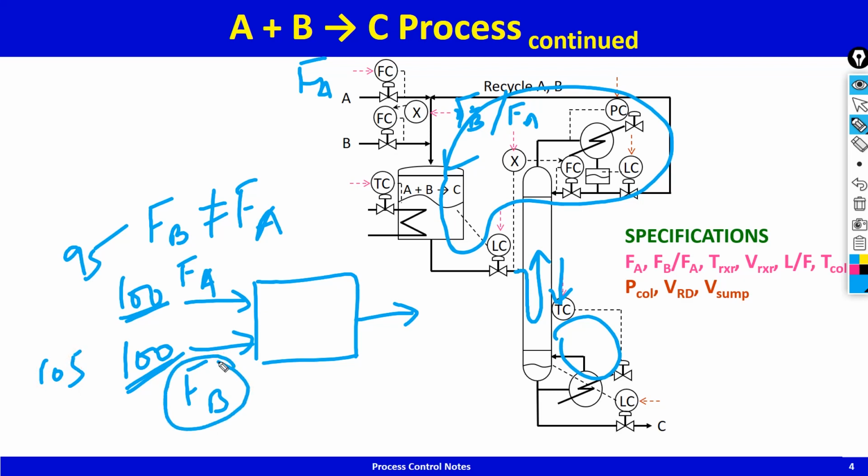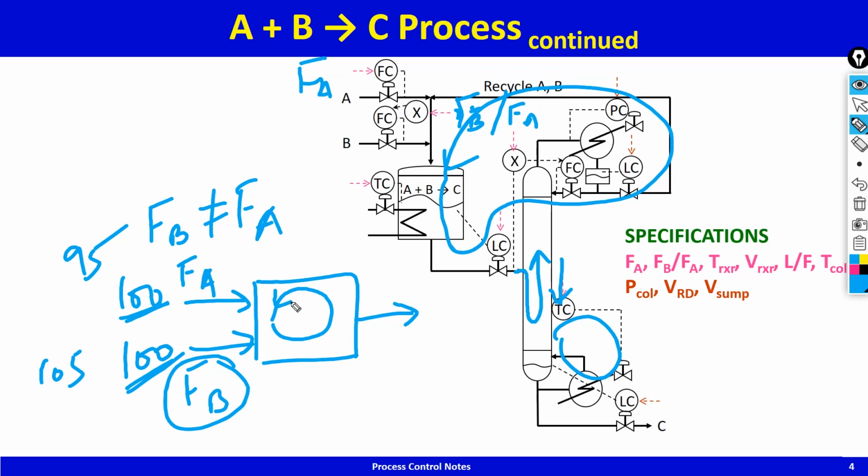The temperature controller is not allowing those excess moles of B to drop down. Therefore, the excess B will keep accumulating in the recycle loop until either the column floods or some constraint gets hit, some valve fully opens and so on and so forth.